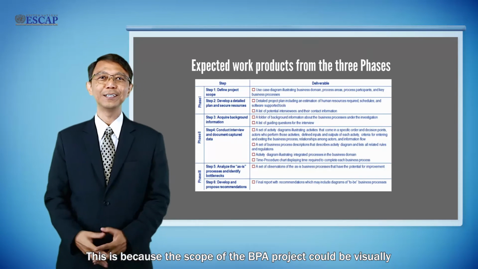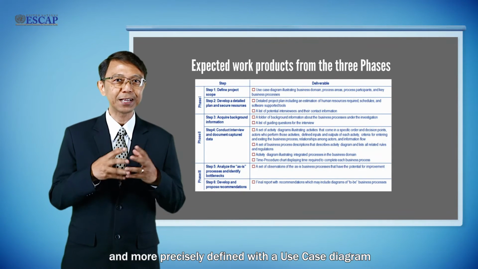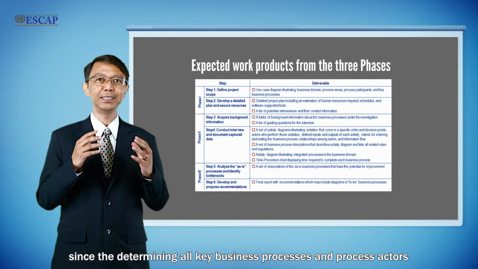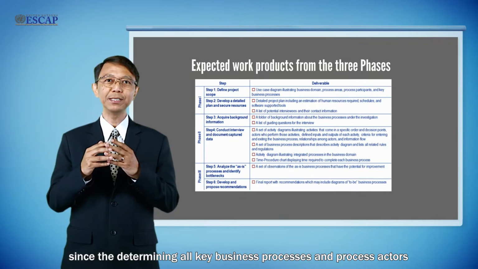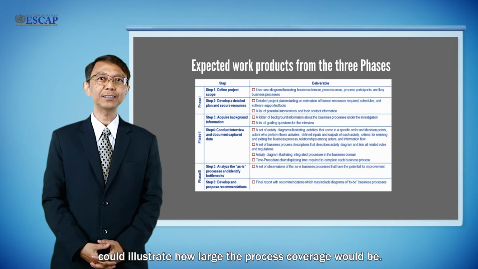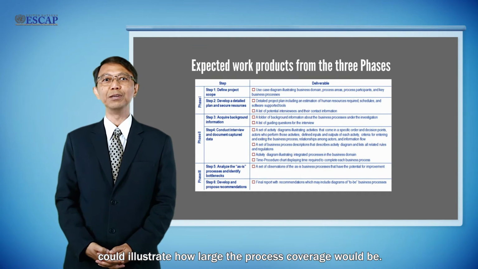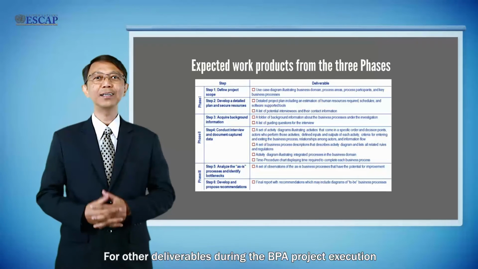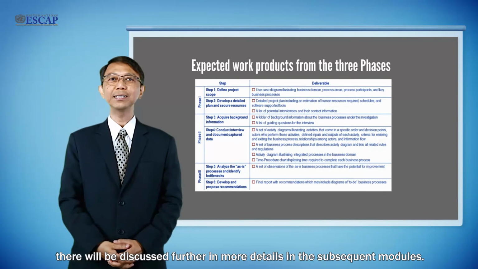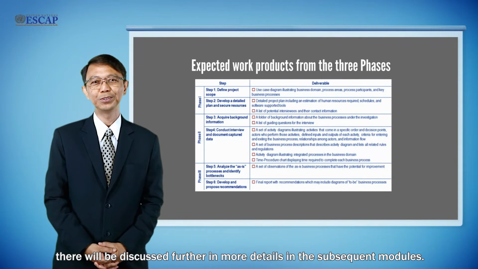This is because the scope of the BPA project could be visually and more precisely defined with a use case diagram, since determining all key business processes and process actors could illustrate how large the process coverage would be. Other deliverables during the BPA project execution will be discussed further in more detail in the subsequent modules.